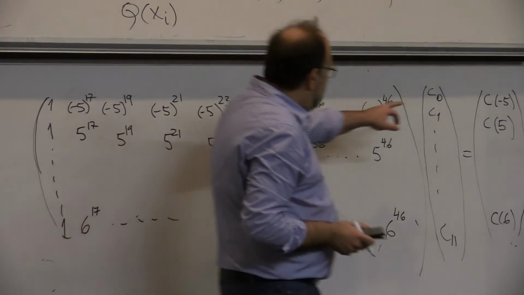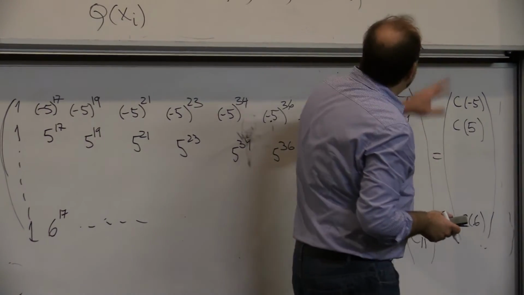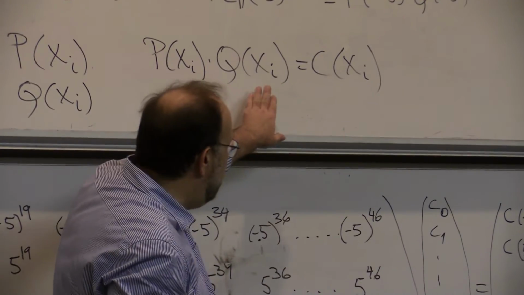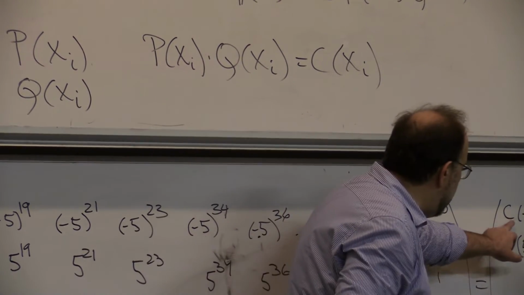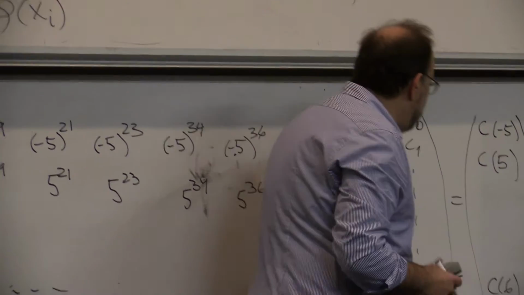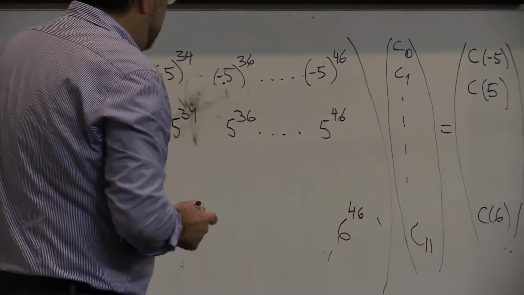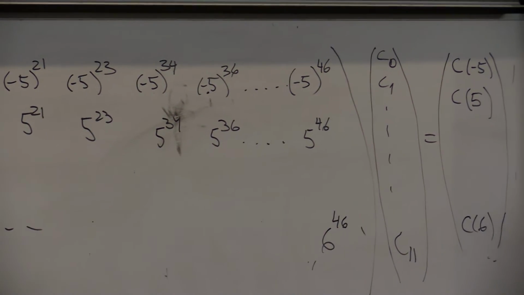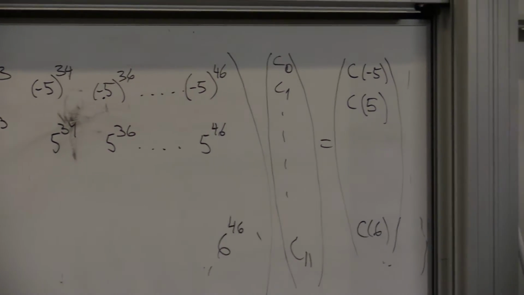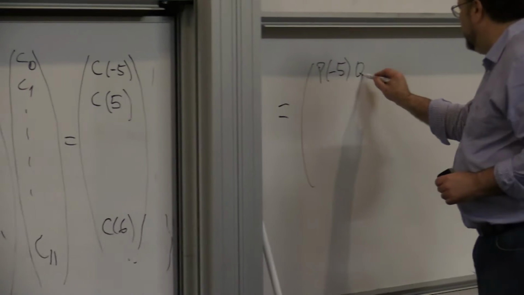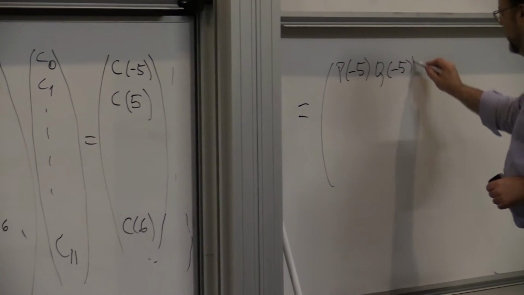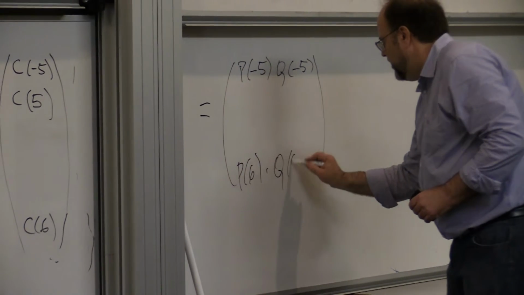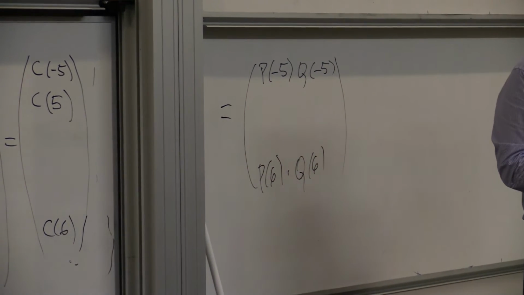These values we simply find by evaluating the product of P and Q. So this is where the large number multiplications are hidden, right? Because this is equal to P at minus 5 times Q at minus 5, all the way to P at 6 times Q at 6, right?